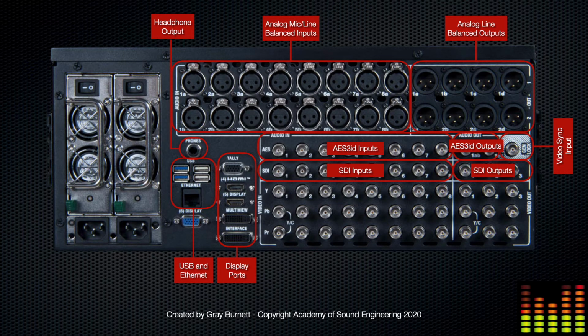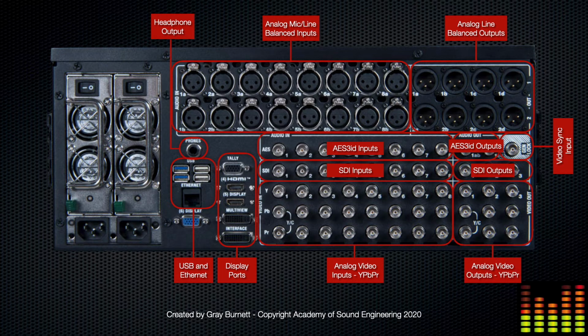We then have our 8 analog video inputs in the YPb-Pr format. These component analog video inputs also allow for YC S-video connections using the Pb and Pr connections only, or composite video connections using the Y connection only.